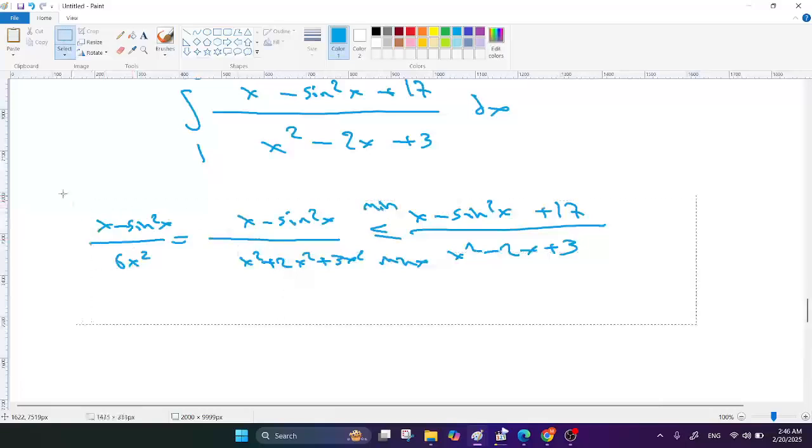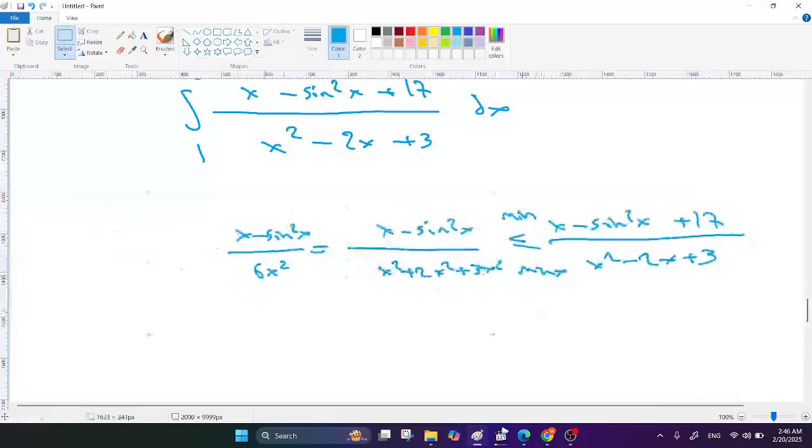I need more space and to think how to continue. Now, again, greater than or equal to, minimize, because here when you want to make it less. How to minimize it? This one, keep it as it is, just 6x squared.